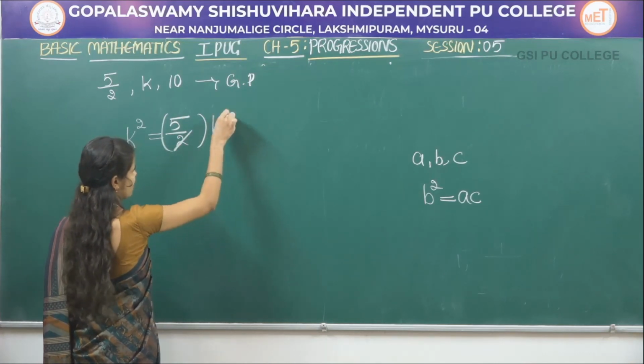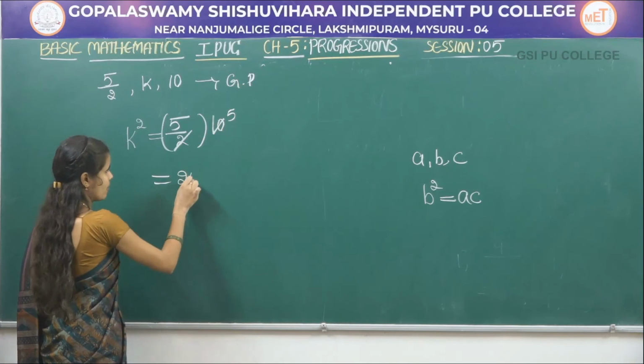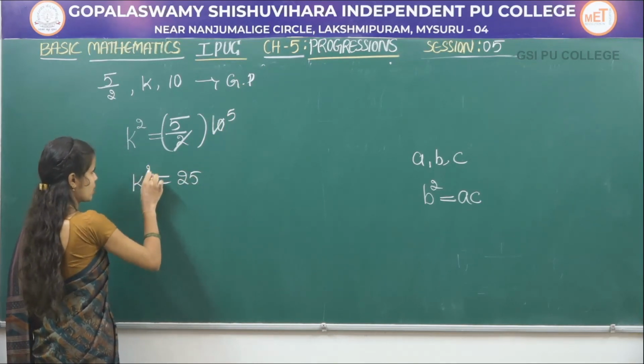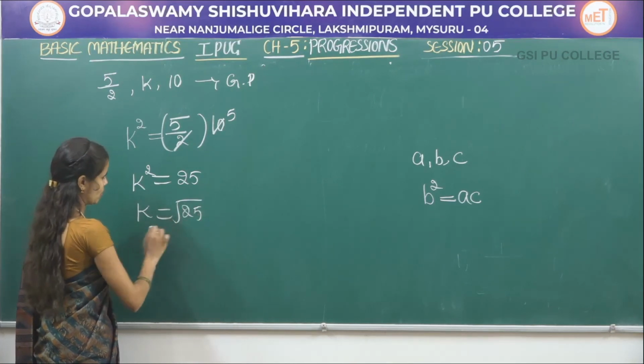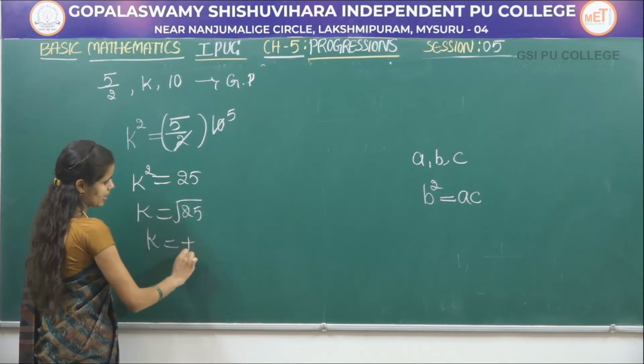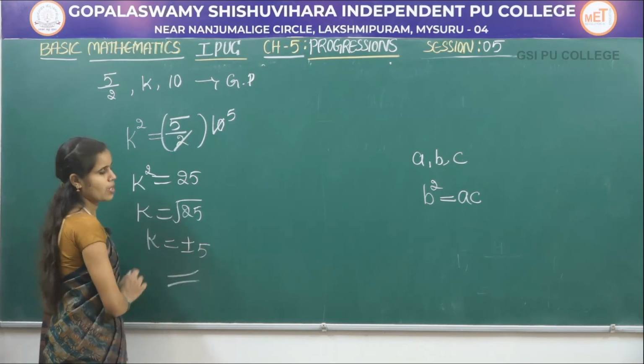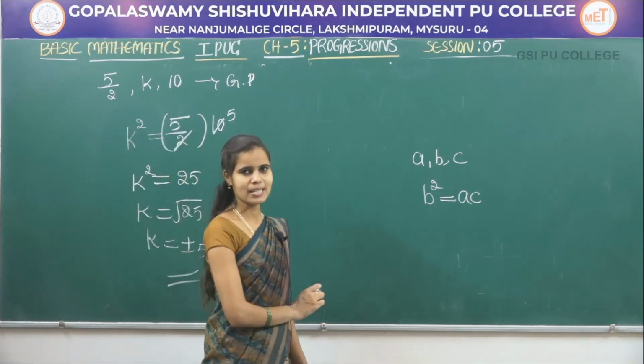So 2 5s, 5 into 5, 25. K square is equal to 25, K is equal to root 25. Therefore K is equal to plus or minus 5.